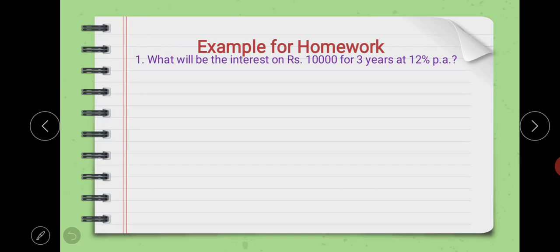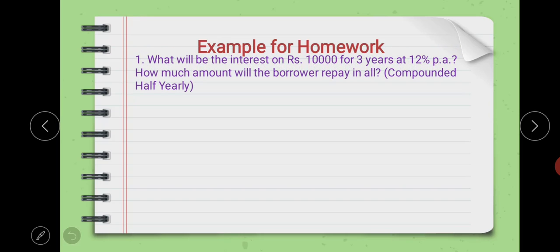So the first example: what will be the interest on rupees 10,000 for 3 years at 12% per annum, how much amount will the borrower repay in all, compounded half yearly? It means here the compound interest is charged compounded half yearly.